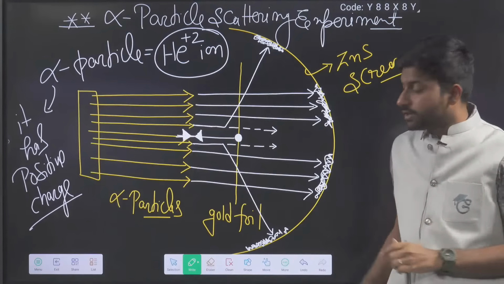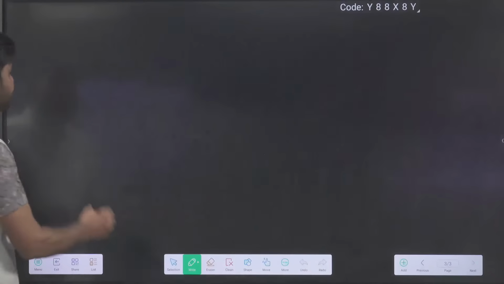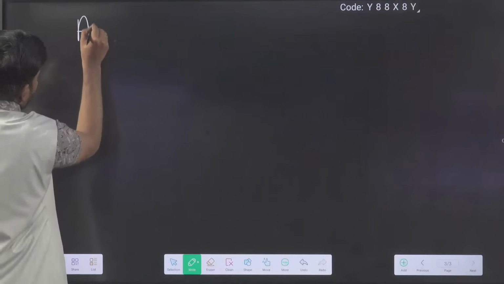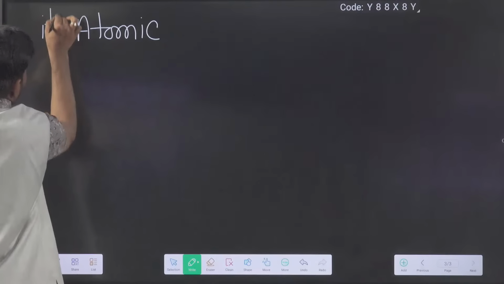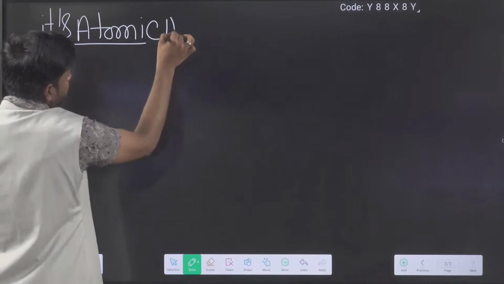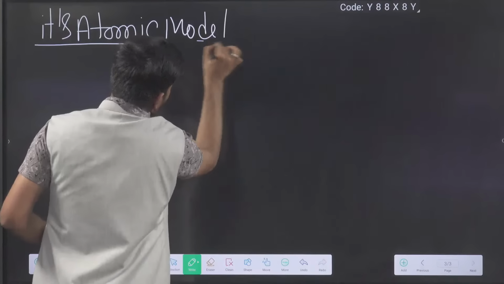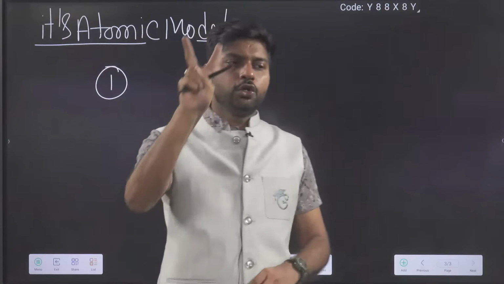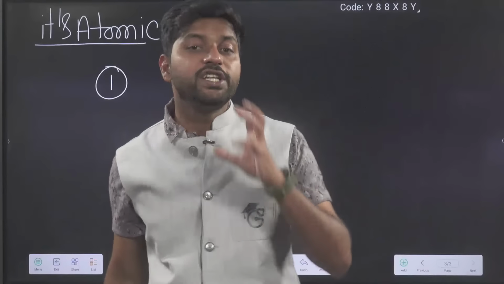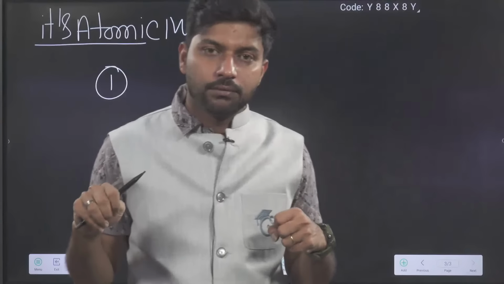So what was this? First point, he has said, in its atomic model, the atom has two parts, two regions, two zones.